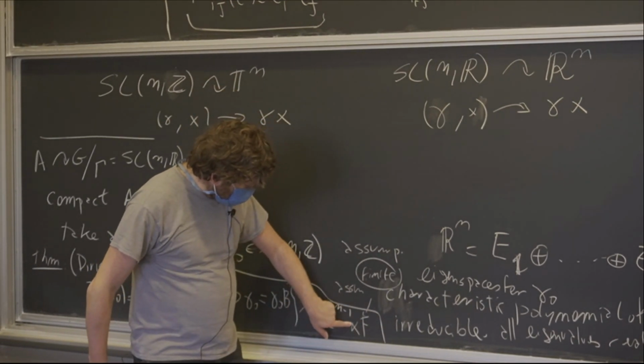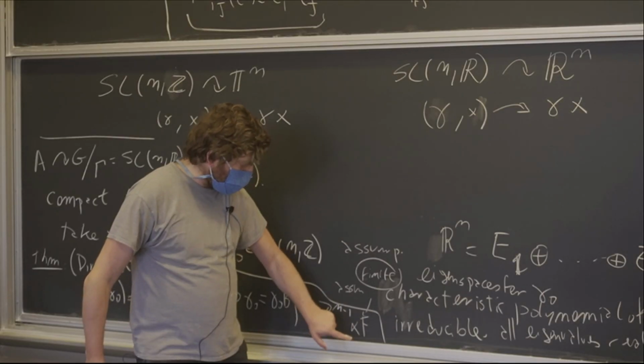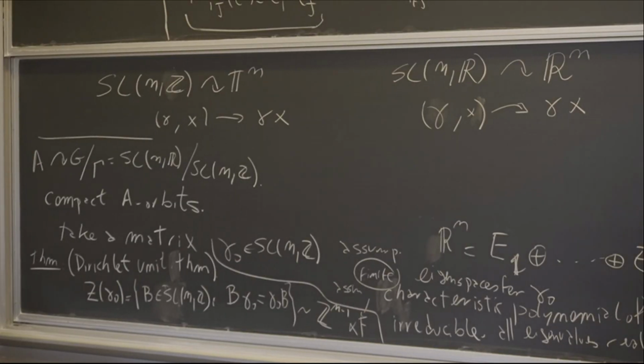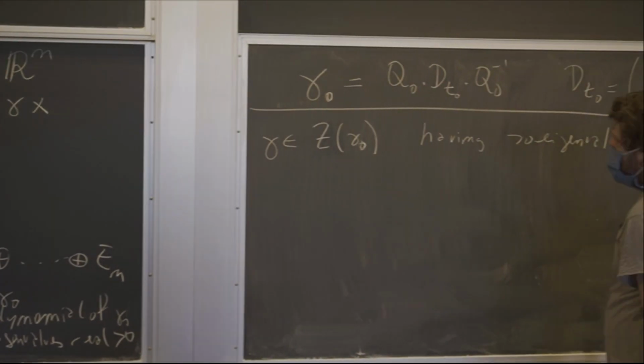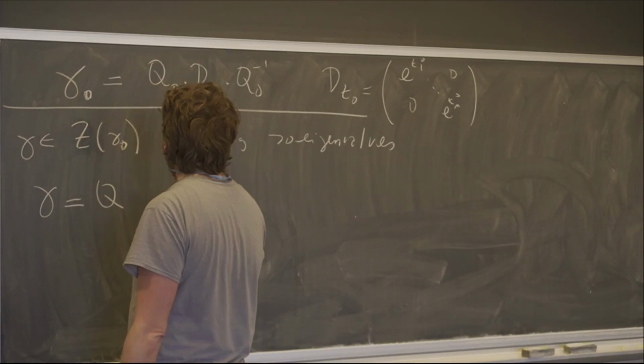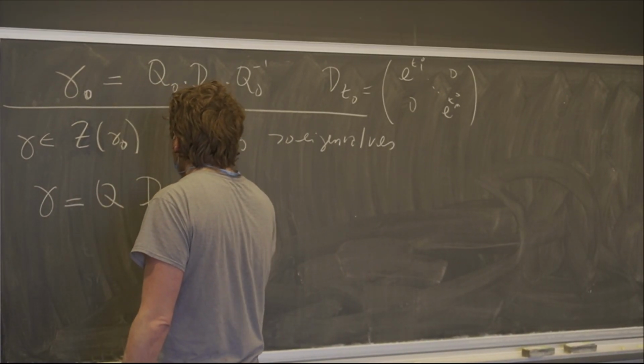So in this case, actually, it's not even a semi-direct product, it's a direct product because it's only plus or minus identity. But anyway, I will have that gamma will be Q d_t gamma.